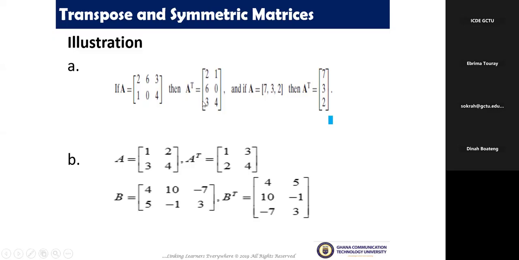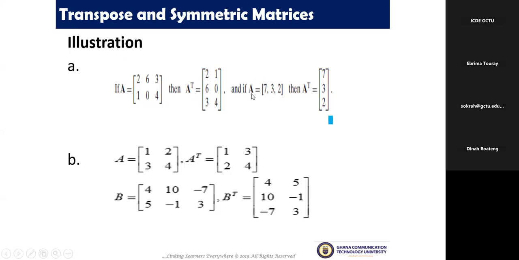Have you seen it? Then you take the second row, you turn it into a column. This is what we mean by the transpose of A. Any question on that, please? Any question? No question. Thank God it's Saturday, so you've understood it. Nice one.